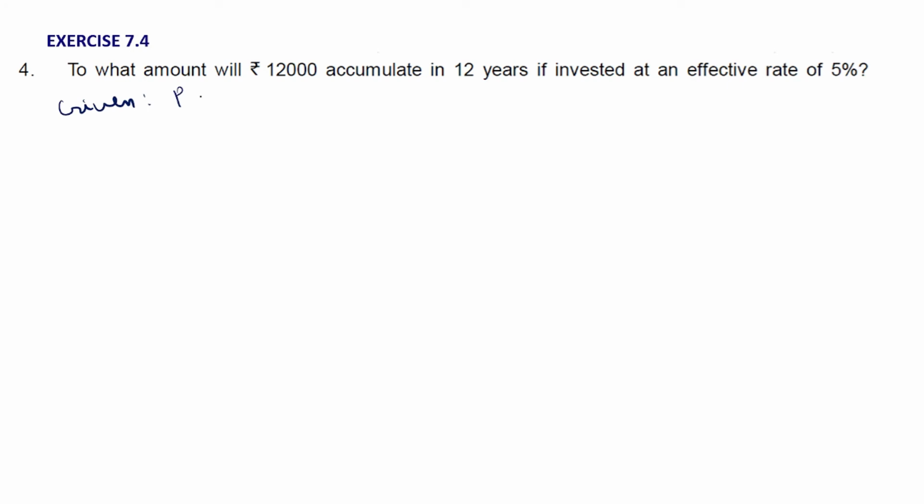Given principal is rupees 12,000 and our effective is equal to 5% which is 0.05 and n is equal to 12 years.